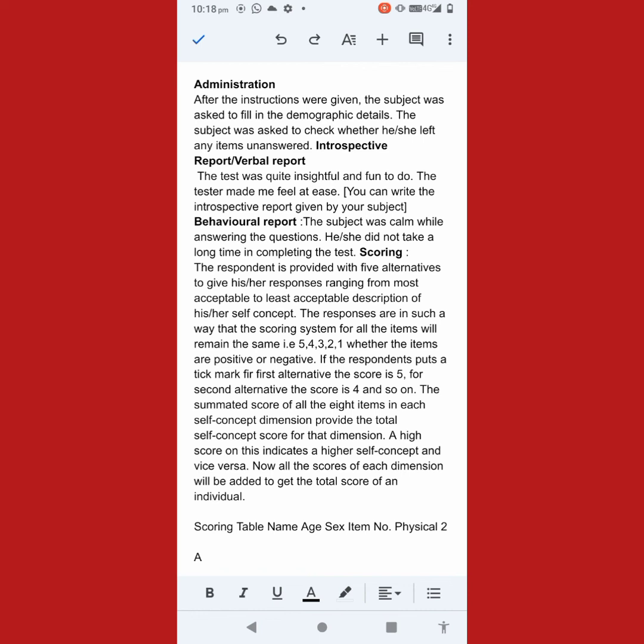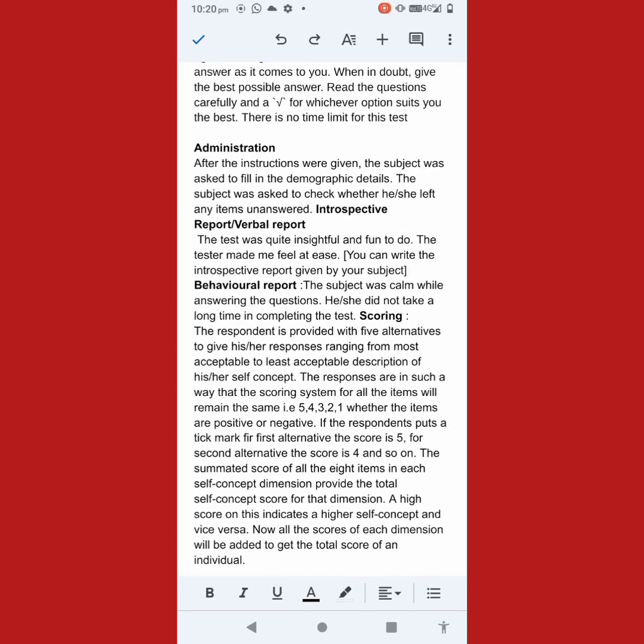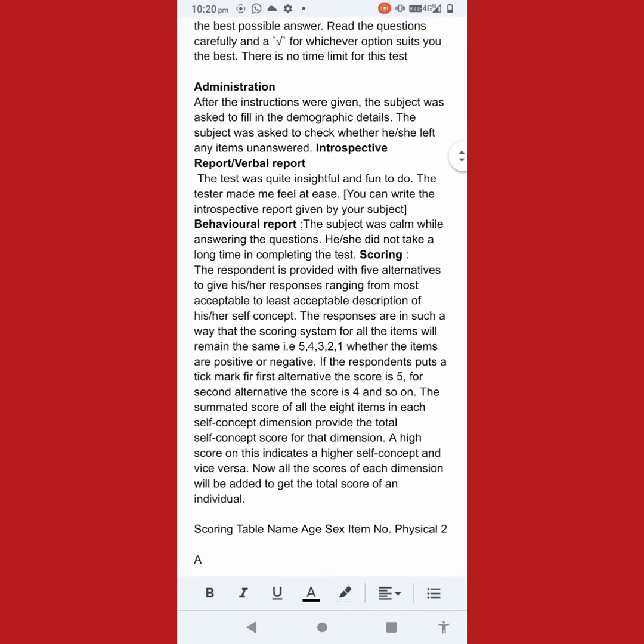The summated score of all the 8 items in each self concept dimension will provide the total self concept score for that dimension. There are 6 areas, so you will be getting 6 separate scores. When you add the scores on each dimension, you will get the summated score of all the 8 items in each self concept dimension.